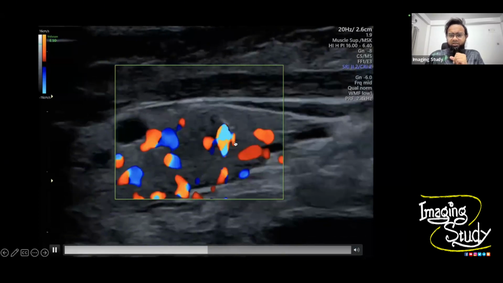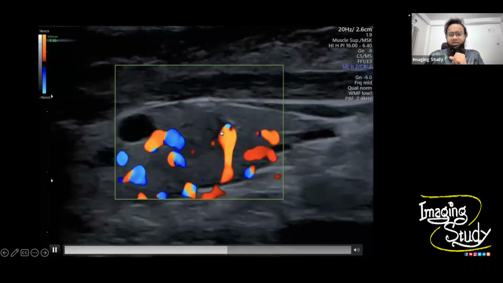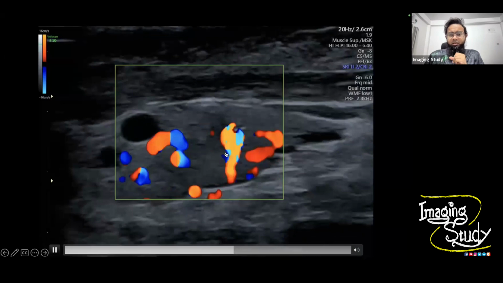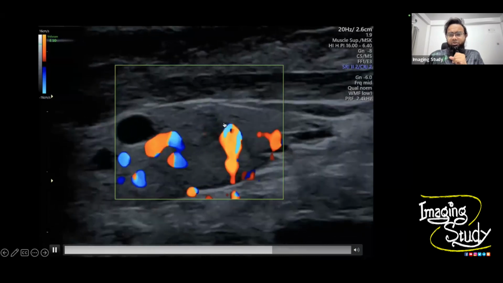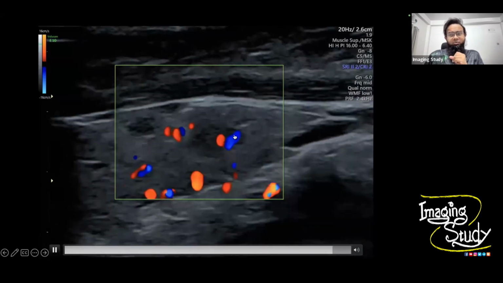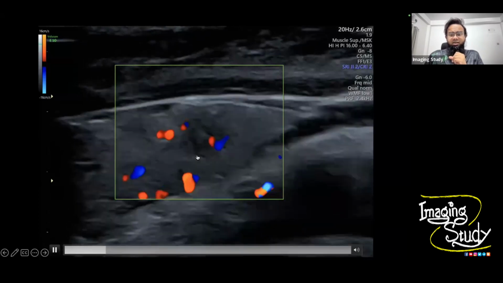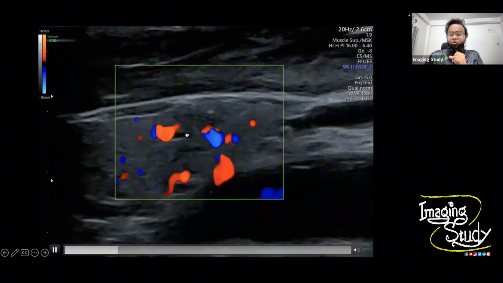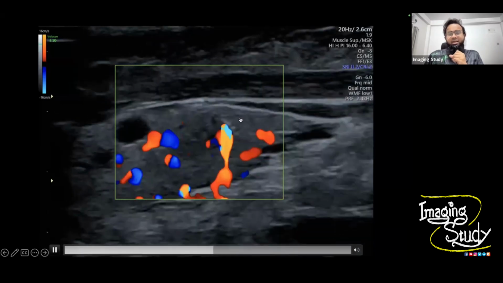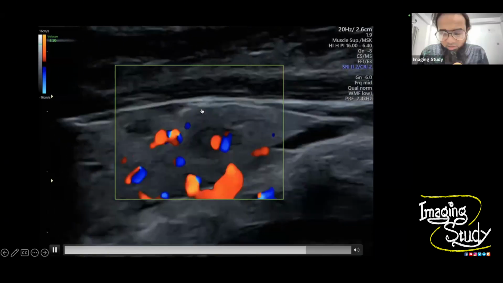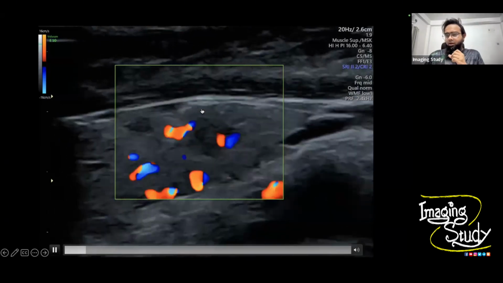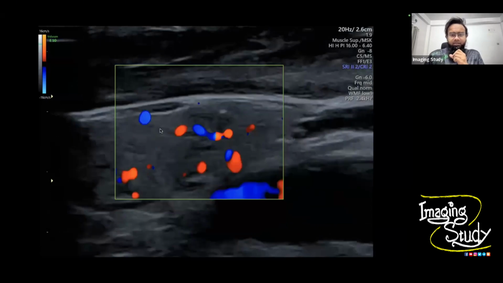This one is coming from those tiny findings that we can see in this nodule. So this is very suspicious. Okay, so this one is the punctate calcification.